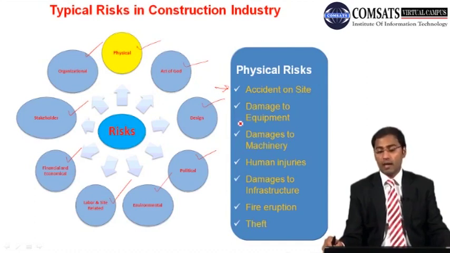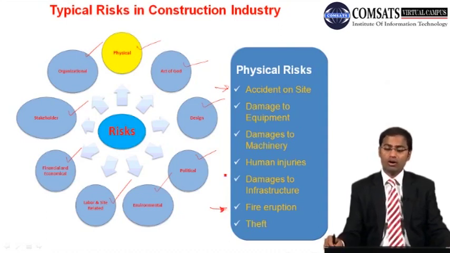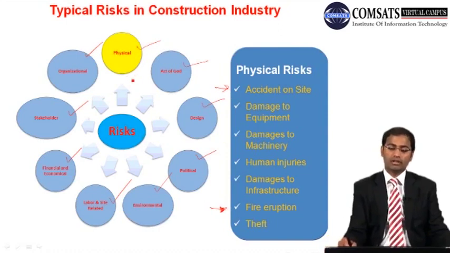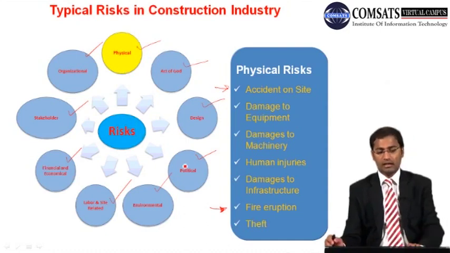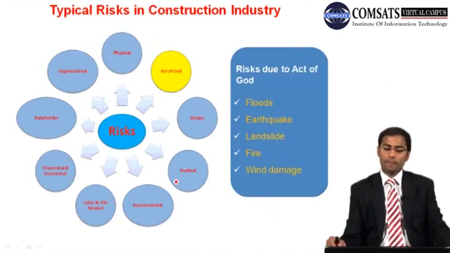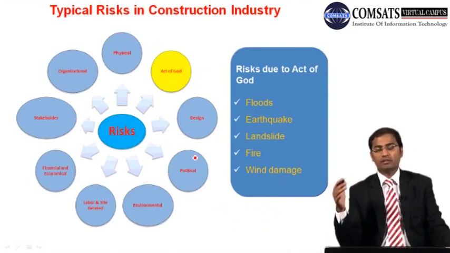Then damage to equipment can happen due to one of the activities, and damage to machinery can happen due to one or more activities, and then damage to infrastructure can happen, and then fire eruption may be there, and then theft may be there. So all these are a few risks as far as physical risks are concerned. So we have construction industry risk, and those are divided into physical risk. And then there may be act of God, anything which is beyond the control of humans.